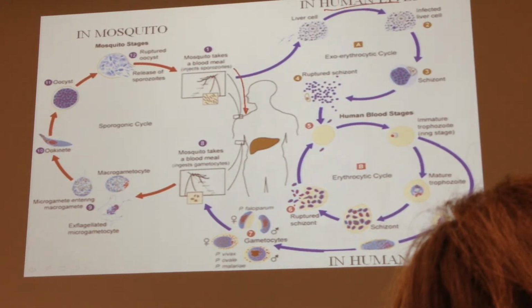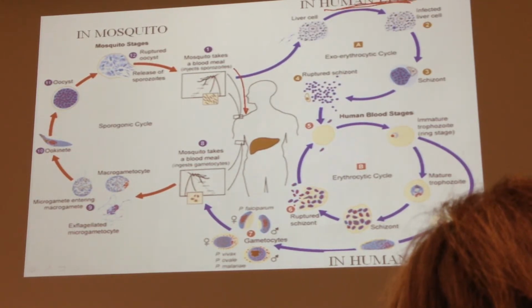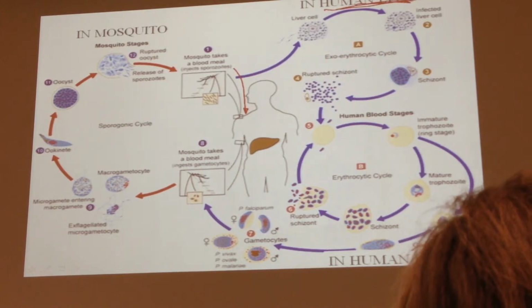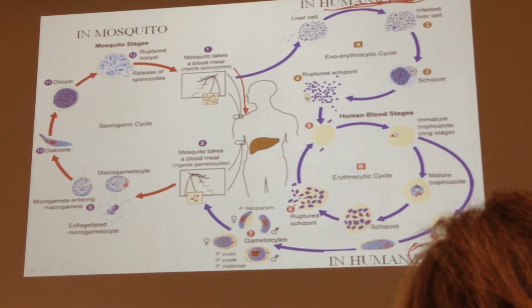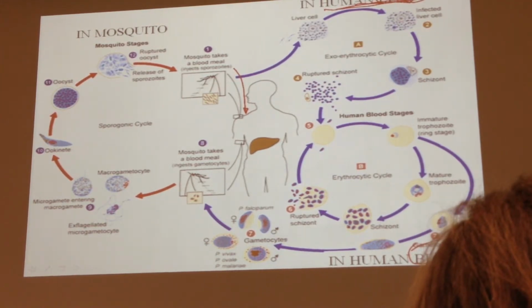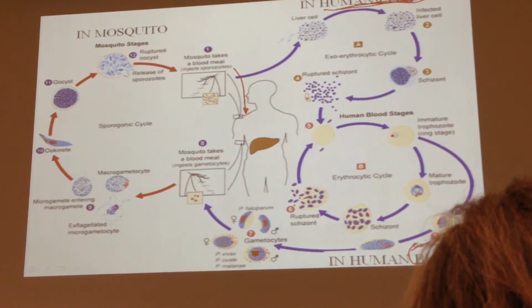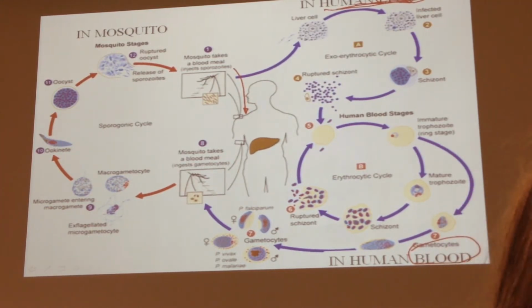In humans, the organism lives in two places. There are two different stages. One is a part of the life cycle that occurs in our liver, and part of it is a life cycle that occurs in our blood. And then in the blood, when a mosquito is taking up our blood, maybe an uninfected mosquito takes it up, it acquires that organism.